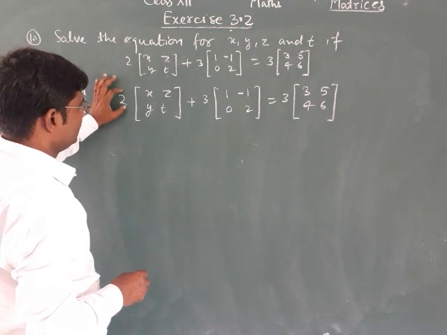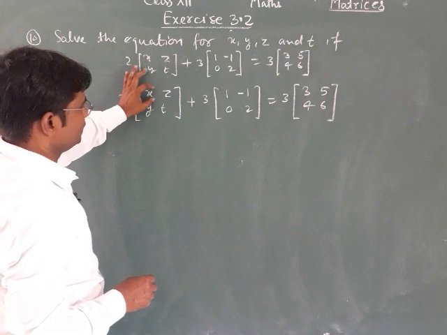Multiply by a scalar, so multiply each element.